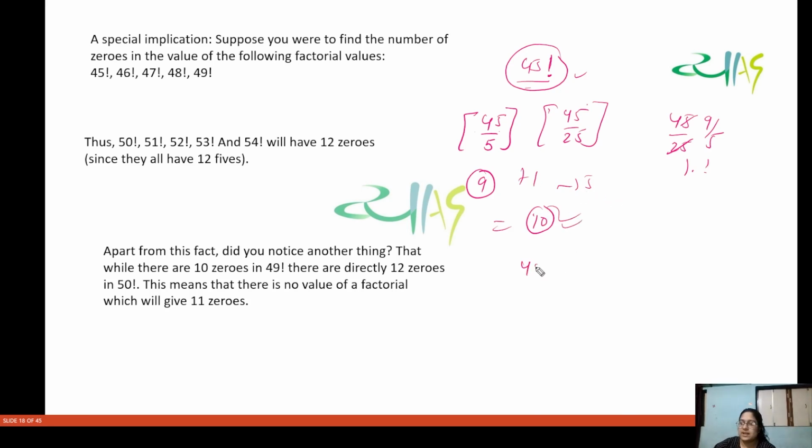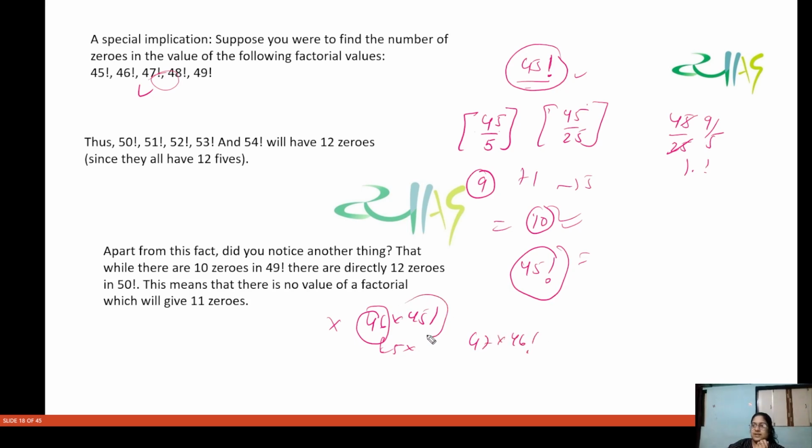Now see, the number of zeros in factorial 45 will be equal to the number of zeros in factorial 46, because what is factorial 46? 46 into factorial 45. So is there any more 5 here? No. Okay, and then again factorial 47 is 47 into factorial 46, and we know that there are 10 fives only in factorial 45.